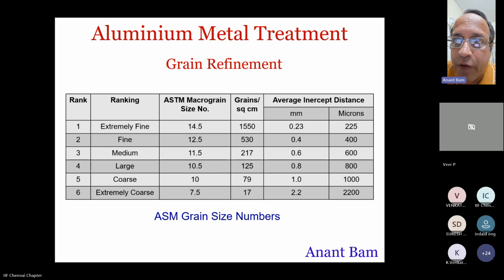So if you perform grain refinement, your yield strength, as well as your UTS, ultimate tensile strength, both increase. Any questions? If there are no questions, we move on to the last stage of metal treatment, that is modification. Next slide, please.